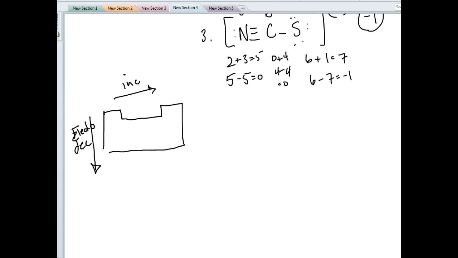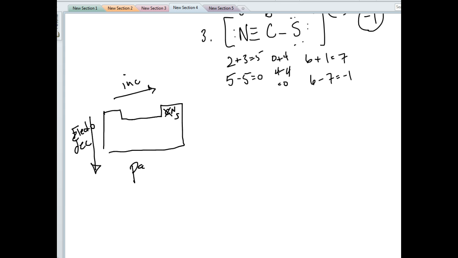On the periodic table, we have carbon, which is here, nitrogen, which is there, and then sulfur, which is right there. So as we go to the right, nitrogen is more electronegative than carbon. And then as we go down, it decreases, but nitrogen and sulfur are on a diagonal, and that makes things tricky. So I'm going to look up the values.